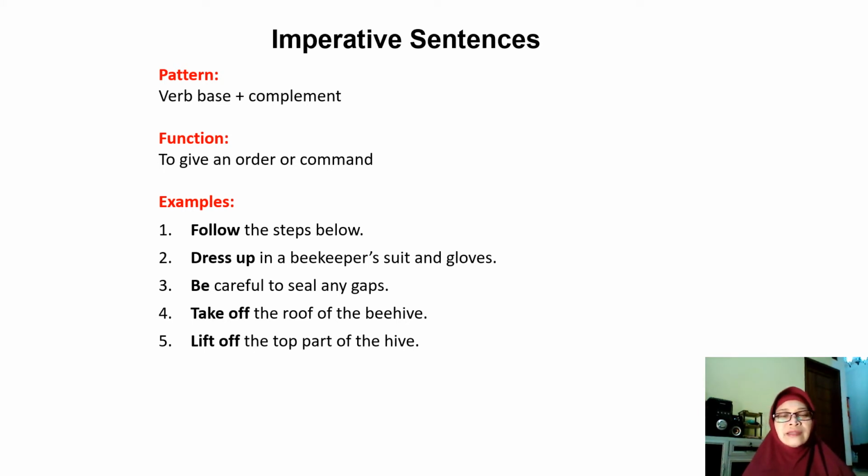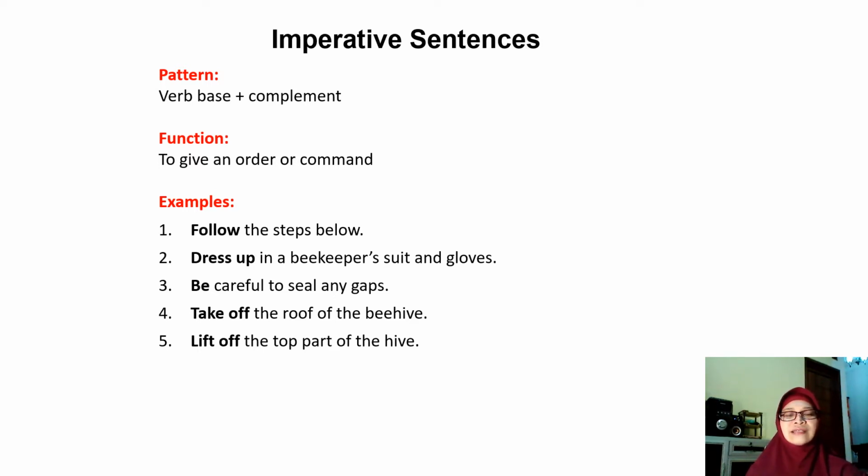Now look at the pattern or formula of the imperative sentence. This sentence will be started by the verb base, or we call it verb 1, plus complement or object. And the function is to give an order or command.